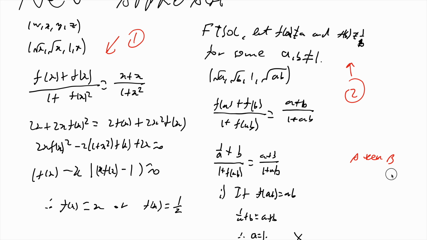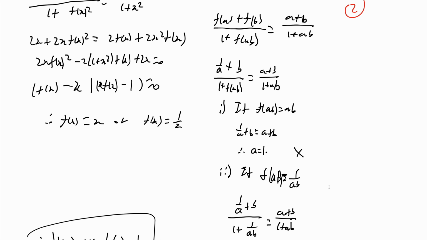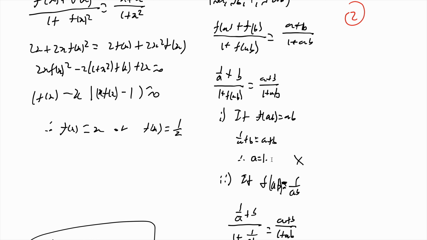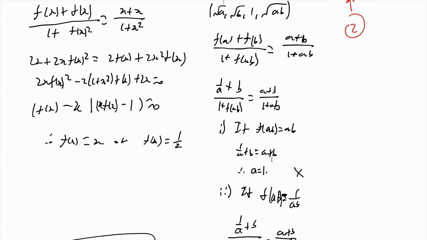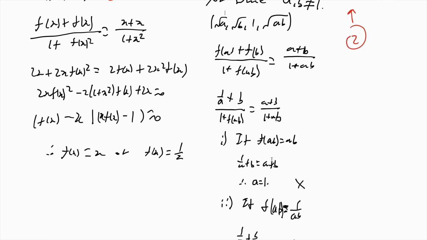So all the possibilities for this case is when f of AB equals AB or f of AB equals 1 over AB by our statement right here. But this cannot be true because it contradicts with our fact that A is not equal to 1, because they're an if-then condition.